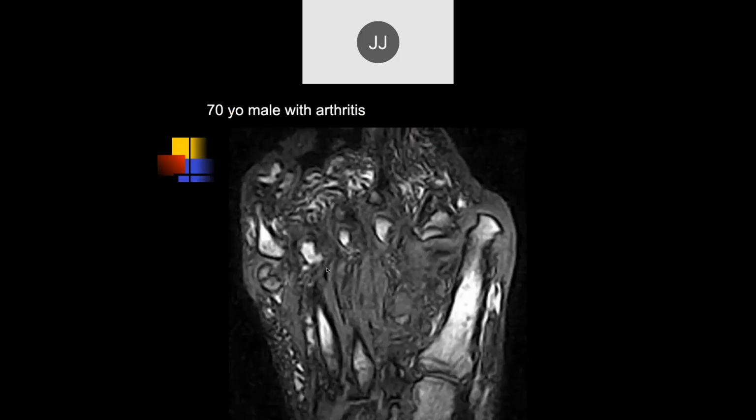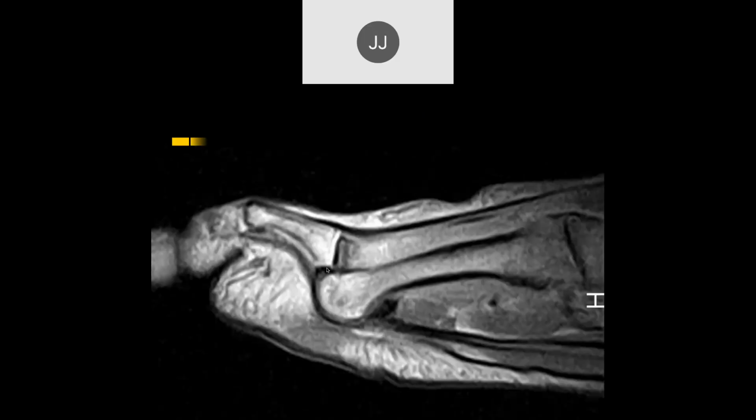The reason I asked is because the first ray, the first metatarsophalangeal joint, only has one joint. So that's the way you distinguish the first and second toes.